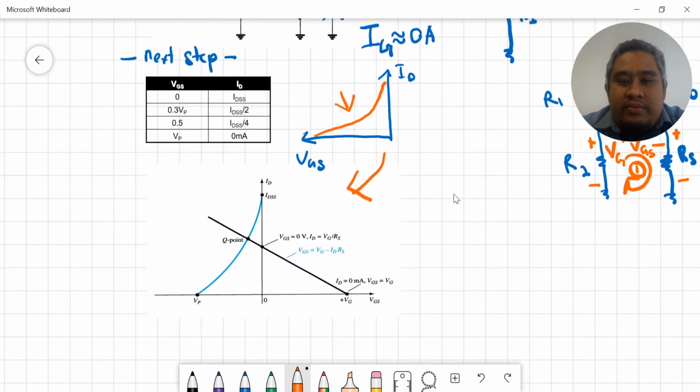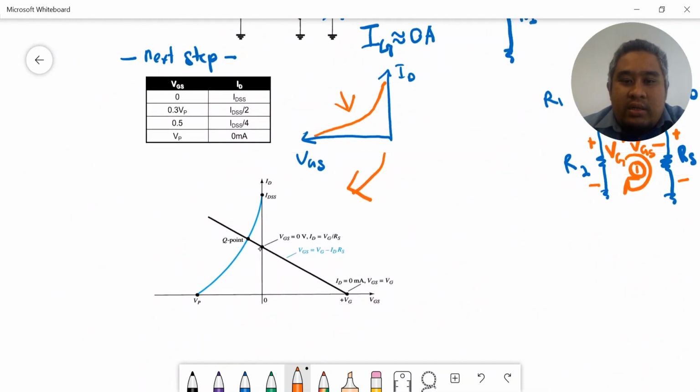Alright. Next we use this formula: ID when VGS equal to 0, ID equal to VG over RS. So we find this ID value, and then we can plot the second point.